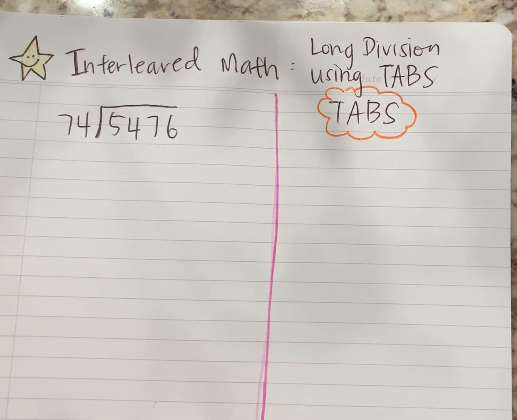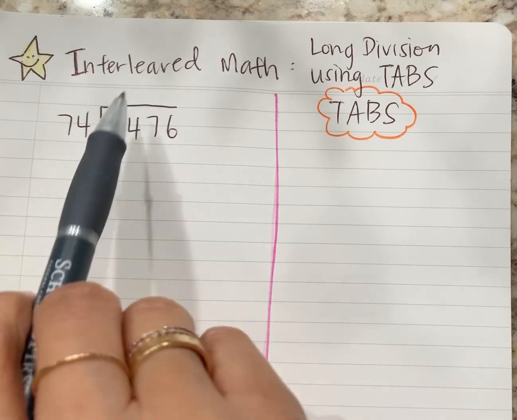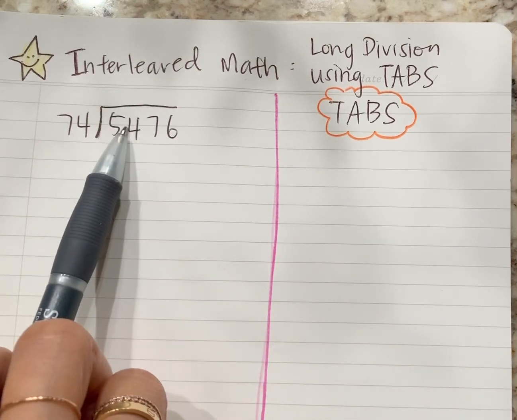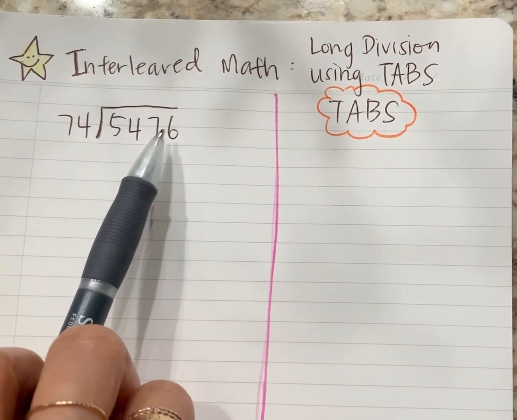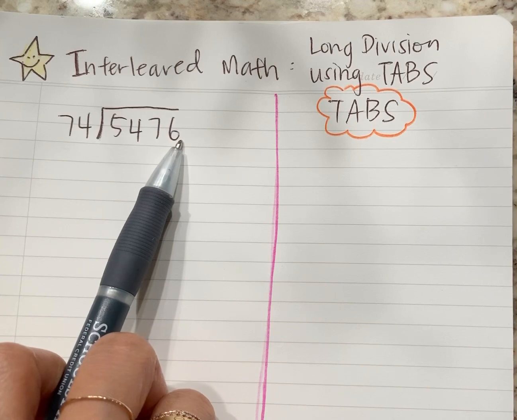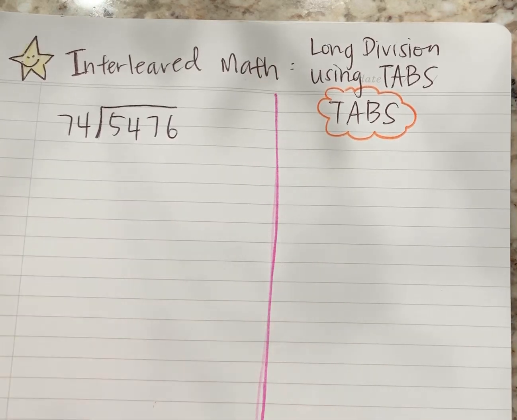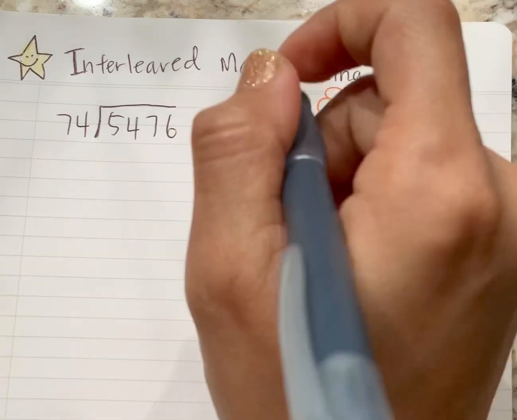Or another way you can read it is, if you had 5,476 ice cream cones and you had 74 kids to split it amongst, how many ice cream cones would each one of those 74 kids have?